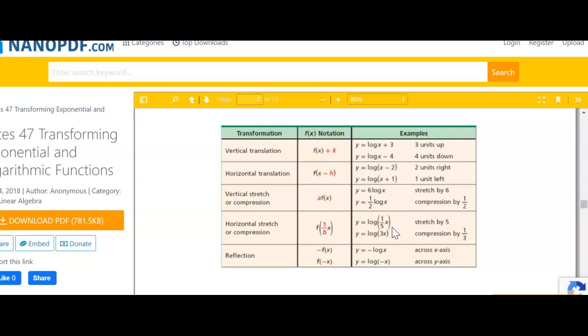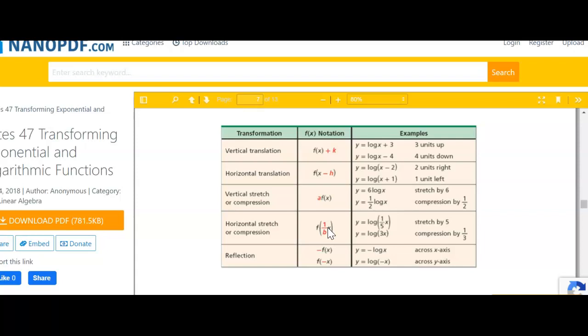For the first one, it's 1/5 times x, so it's been stretched by 5, a dilation factor from the y-axis by 5, and then compressed by 1/3. I'm doing it with my hands, but you can't see it. So we're kind of stretching it out.